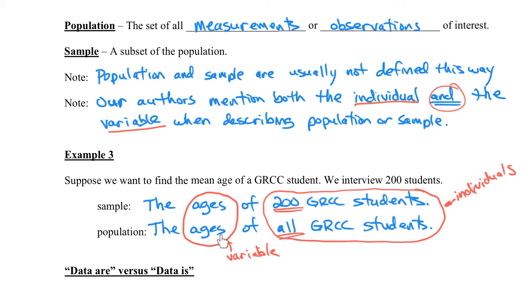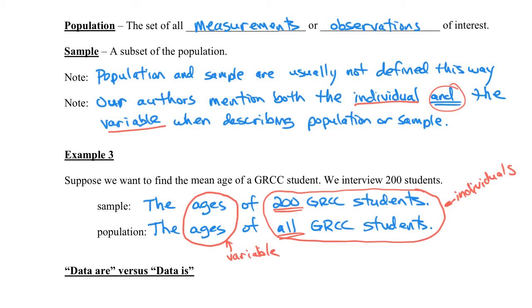What are we measuring? The age. So the population is the ages of all GRCC students. And the sample is a little subset of that, and that is the ages of these 200 GRCC students. Okay, so that's a little confusing sometimes because the definition's a little different for our book.